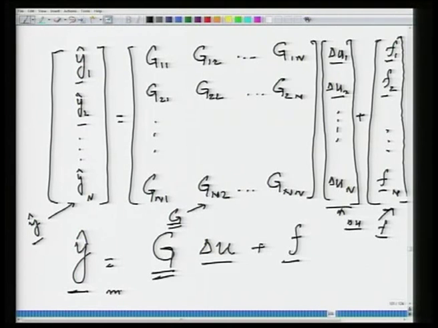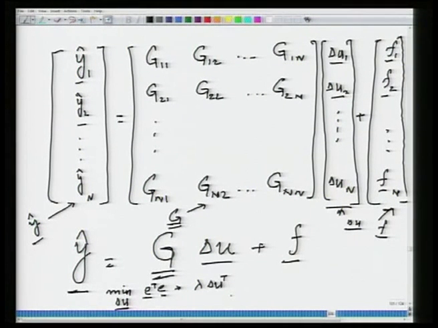Therefore, if I am looking at unconstrained optimization, minimize over delta u, E transpose E, where I have reference trajectories for output 1, output 2, output n, plus lambda times delta u transpose.